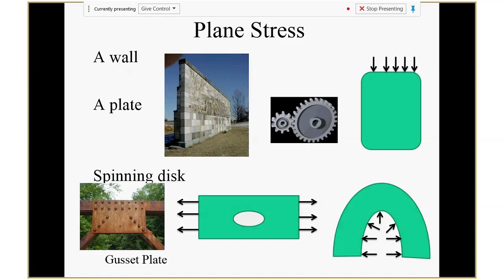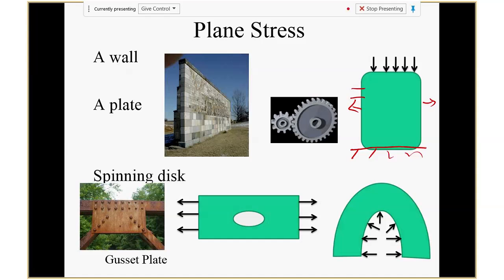Or if this is the base or floor, and you compress this plate by pressing on the top, or someone stretches on this side as well, that's plane stress. If all the load is within that plane, then that's plane stress.